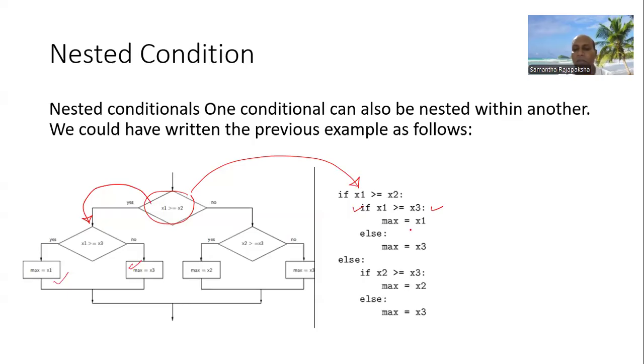So if it is true, this is the max, otherwise this is the max. And the else part of this one, that means this side. So then you check the condition x2 greater than x3. If that is the case, x2 is the largest, else x3 is the largest. Very easily you can do this selection using the if, but make sure you are maintaining the proper indentations.